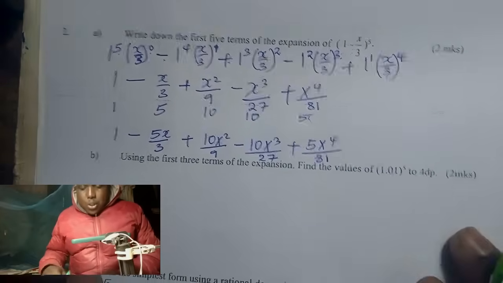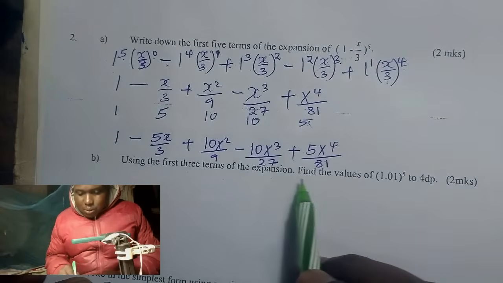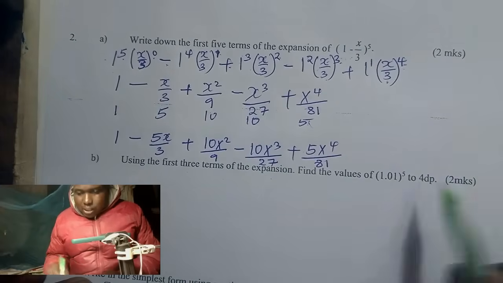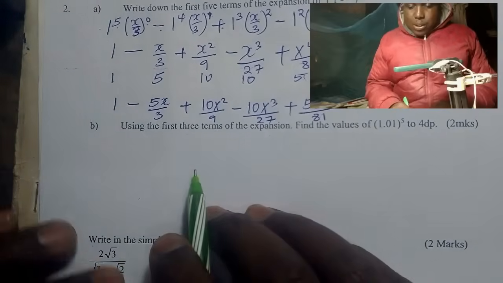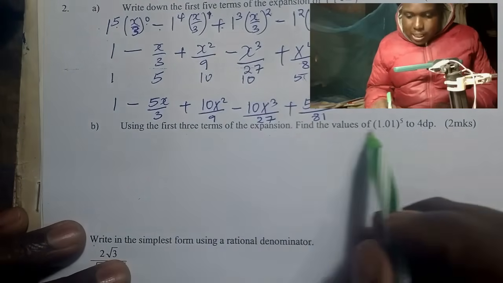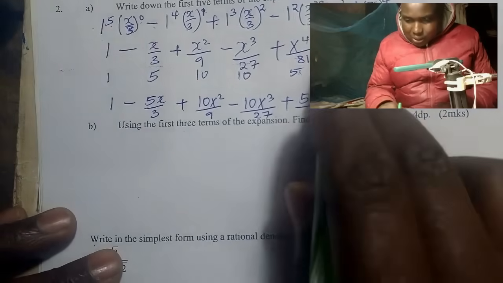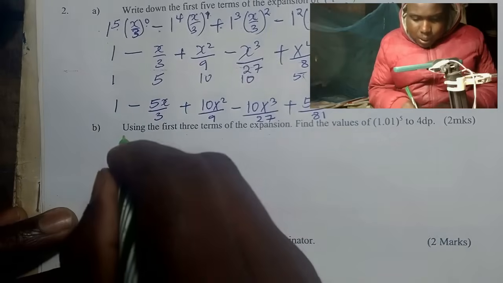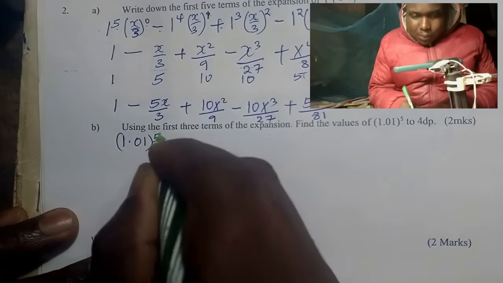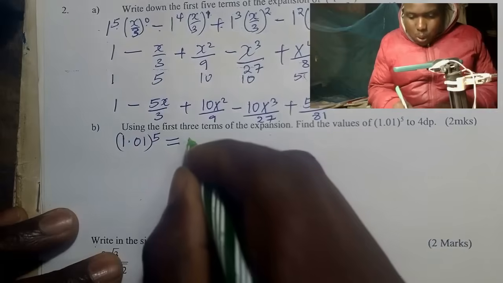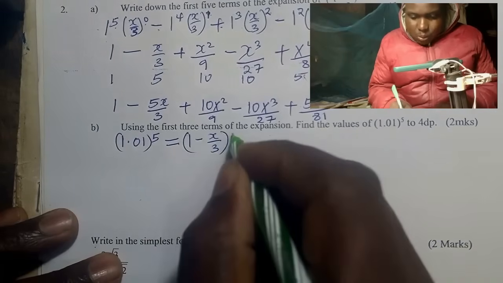Now use the expansion. Using the first 3 terms of the expansion, find the value of this. So we are going to use this expansion to solve this, but first we need to know what this means. 1.01 raised to power 5 is equal to 1 minus x over 3 raised to power 5.